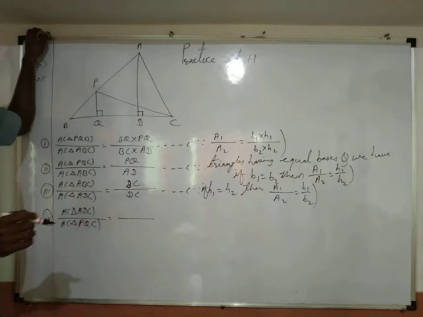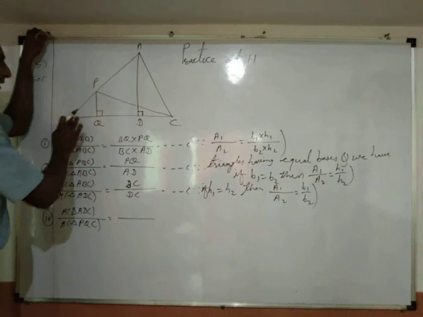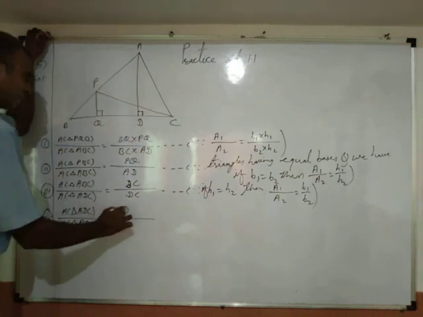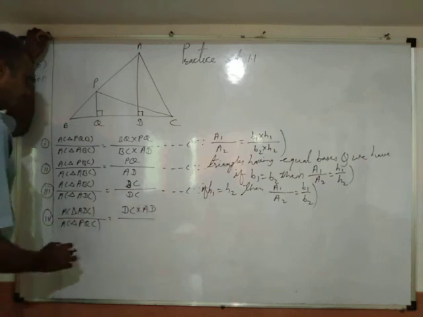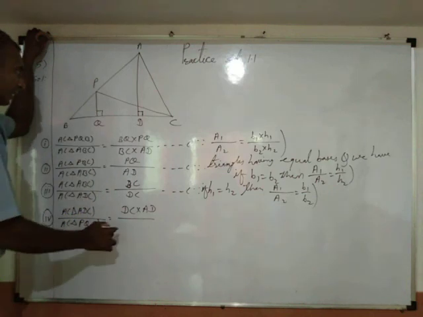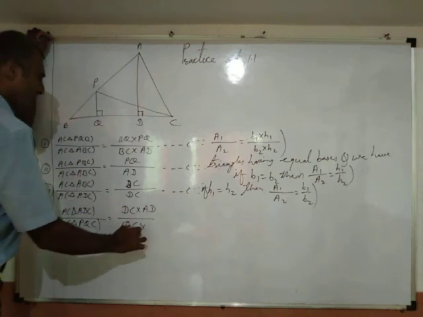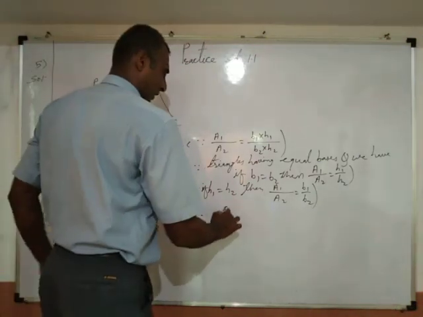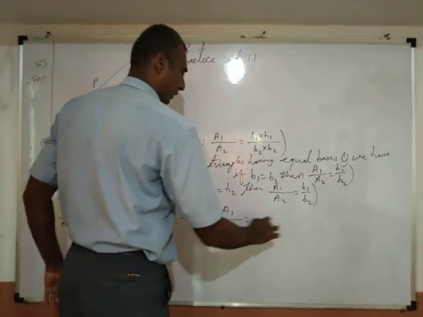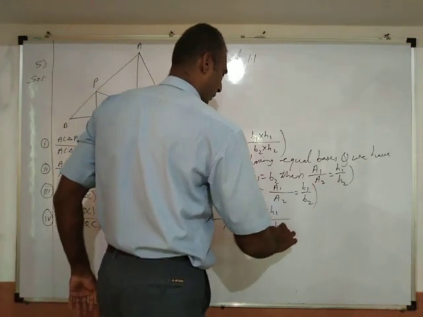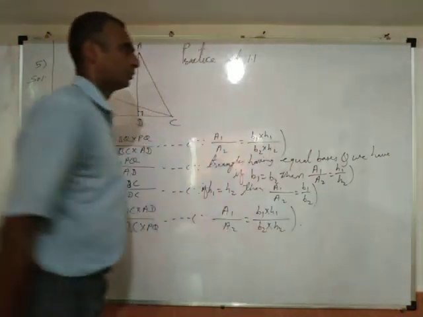The ratio of areas of two triangles equals the ratio of the products of their bases and corresponding heights. In triangle ADC, DC into AD. In triangle PQC, QC into PQ. Since A1 upon A2 equals B1 into H1 upon B2 into H2.